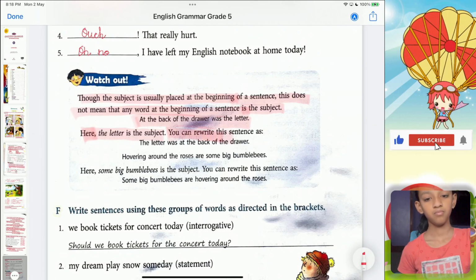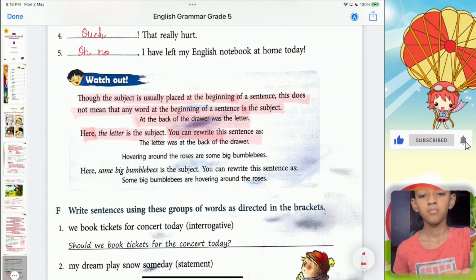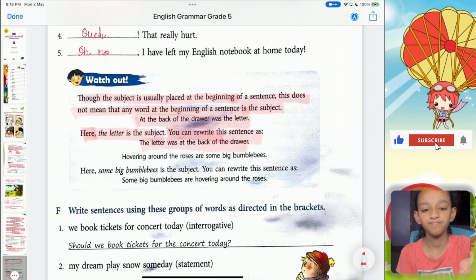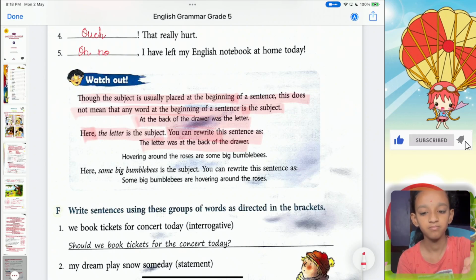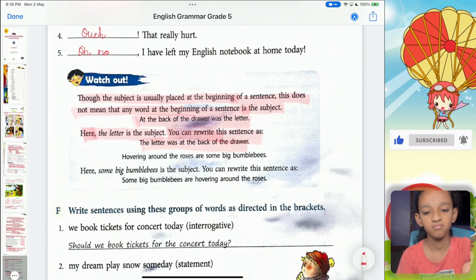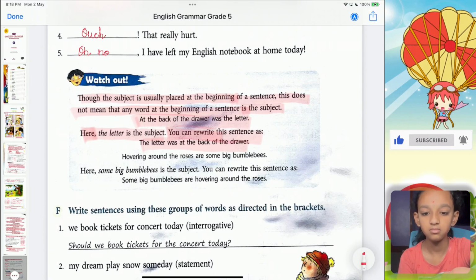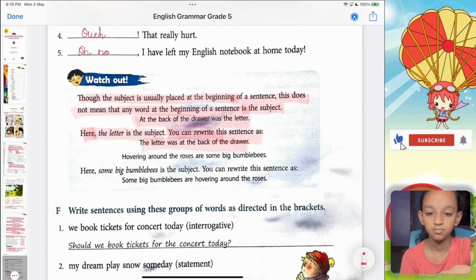You can rewrite this sentence as the letter was at the back of the drawer. So this is another way to rewrite the sentence. So you can either put the subject at the end or at the beginning of the sentence.